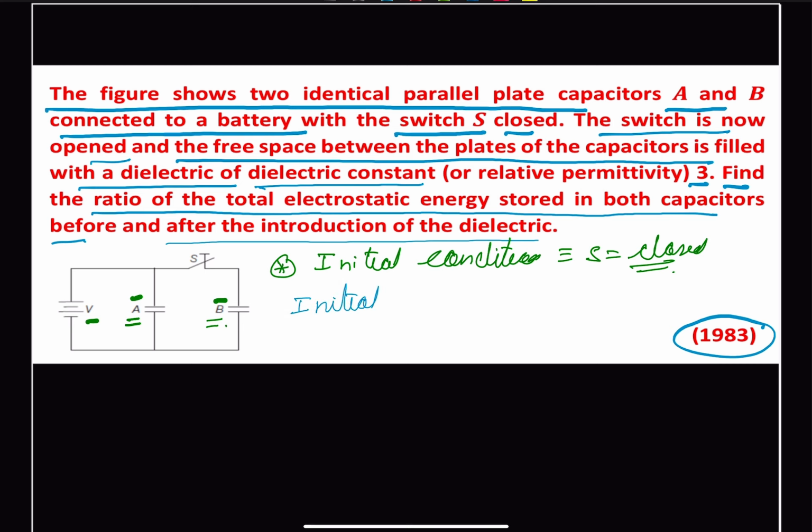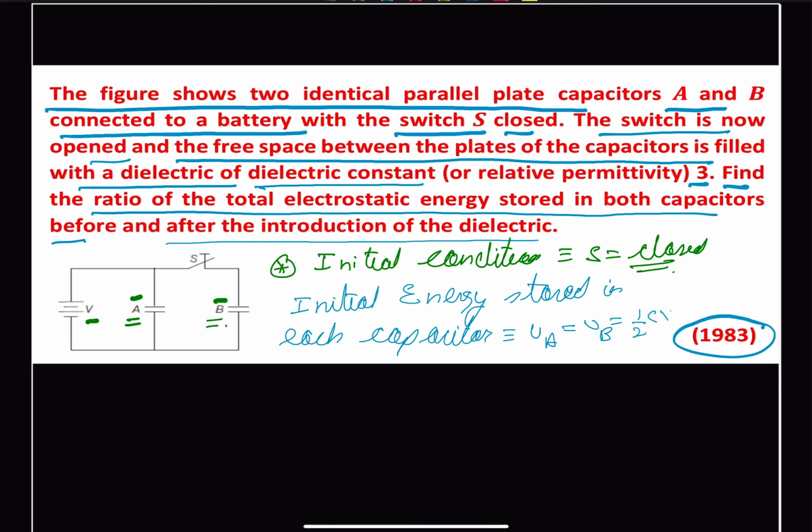the initial energy stored in each capacitor, that is, the energy stored in A will be equal to the energy stored in B, and this will be equal to half CV square.